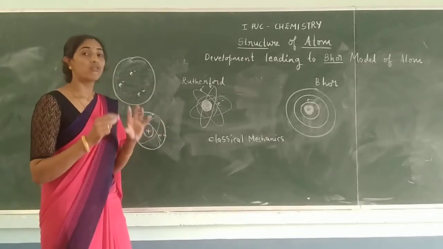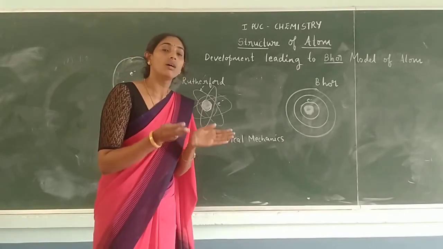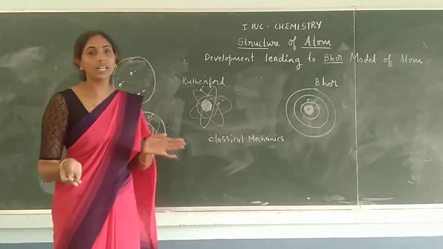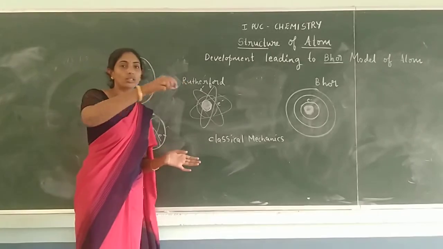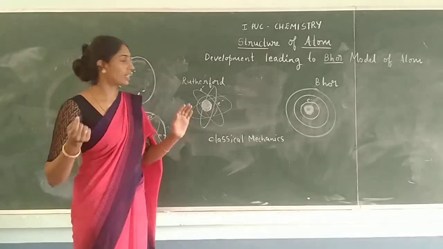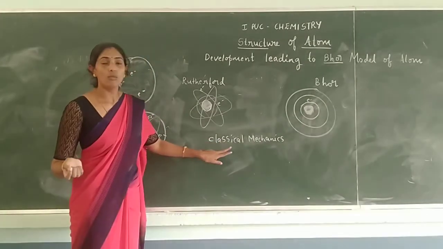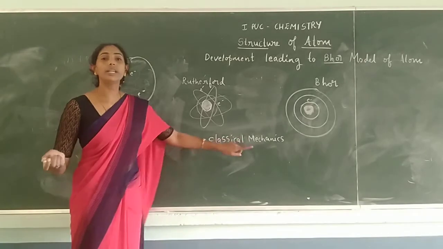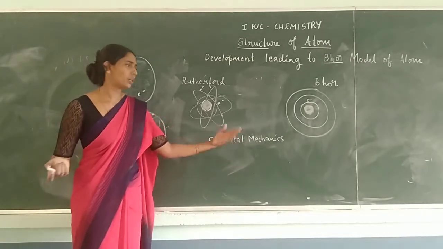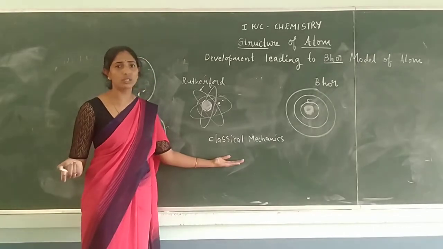Object ಮೇಲೆ force exert ಆಗುವಾಗ how it is influenced by the movement of the object ಏನಾಗ್ತದೆ, when the force is acting on the object, what about the movement of the object? That is usually called classical mechanics, which deals with the motion of an object under the influence of what? Force. It may be the centrifugal force or the gravitational force.